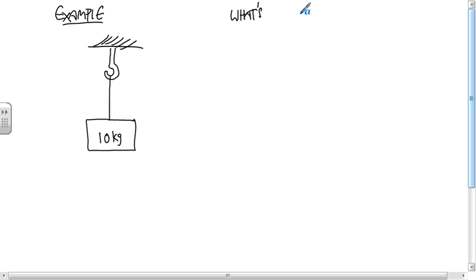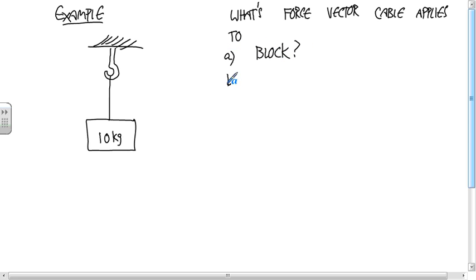And we want to know what's the force vector the cable applies to, first, the block and, second, the hook.